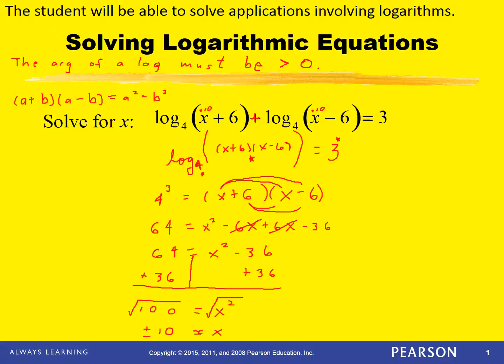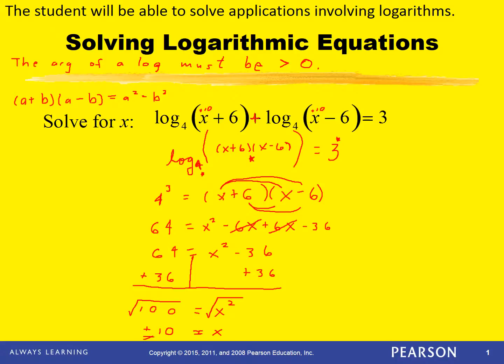It usually will be, but it's possible to have a negative value of x that still works. If we didn't have the second logarithm, it would still be okay to have, say, x equals negative 3. Then the argument of the first logarithm would be positive 3, because it would be negative 3 plus 6, which is 3. That would be okay. But the entire input of a logarithm must be positive, and here we have 16 and 4 for these arguments.